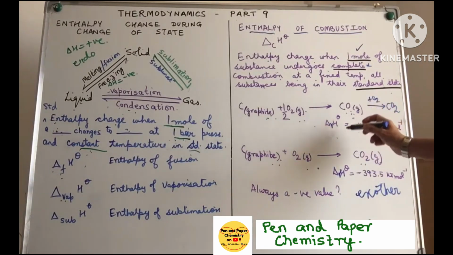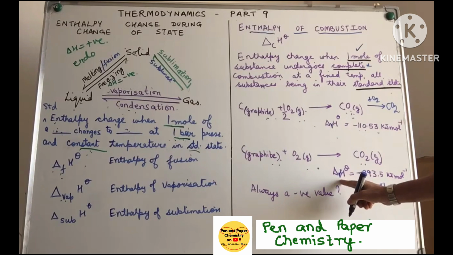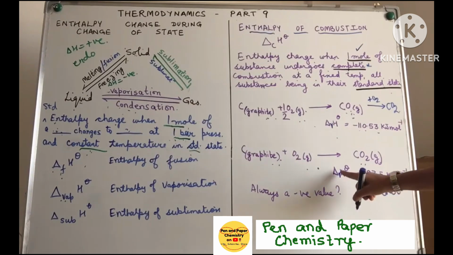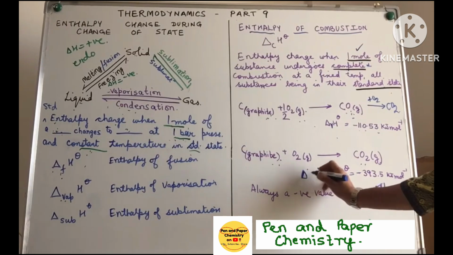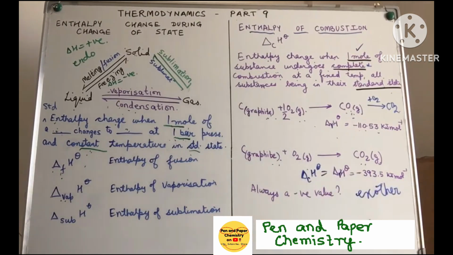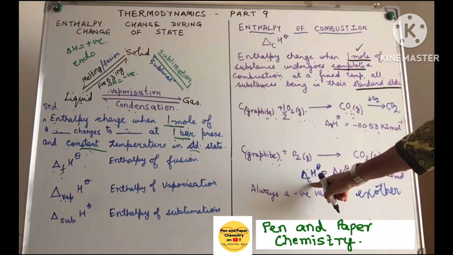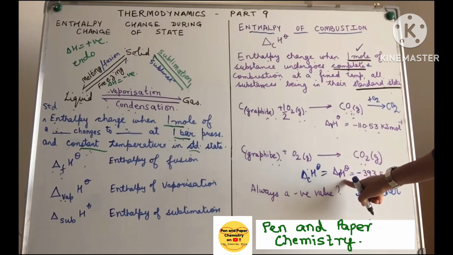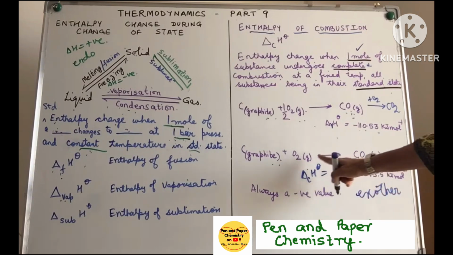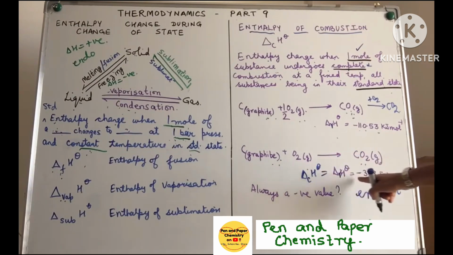So when we put the value of delta H theta over here, this also becomes the standard enthalpy of combustion of carbon as well. So I can write this value as the standard enthalpy of combustion of carbon or the standard enthalpy of this reaction as well. So you have to be very, very careful because this is where the trick in the numerical lies.